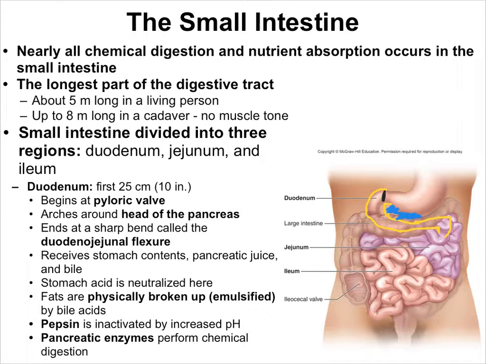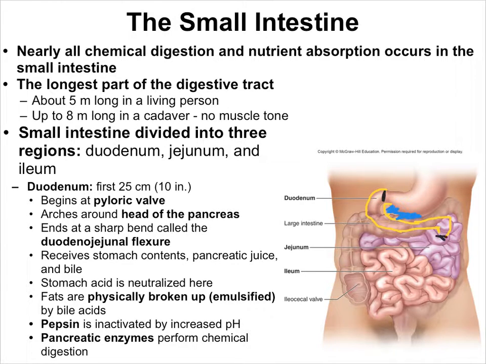The duodenum is mostly going to be known for its interactions with the gallbladder and pancreas. As you can see here, this is starting at the pyloric sphincter, and it ends here at what's called the duodenojejunal flexure.